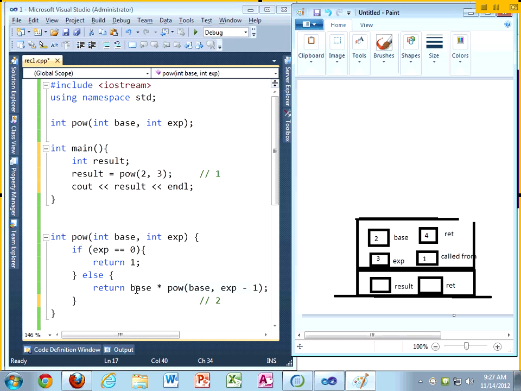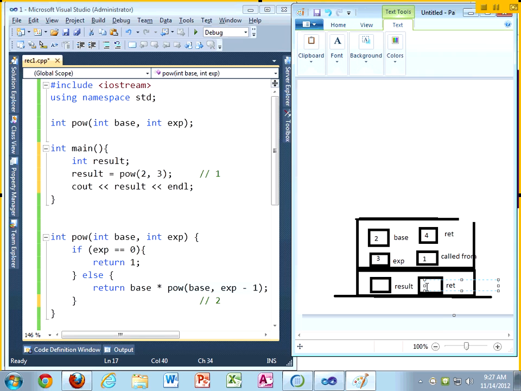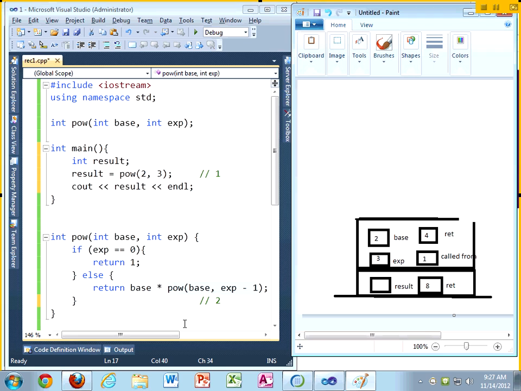So let me think about that for a sec. What I'm returning is 2 times the result, which was 4. So what I'm returning is 8. So the 8 goes down here. Whoops, not 9, 8. And now I'm done with this function call, so I pop that off the stack.